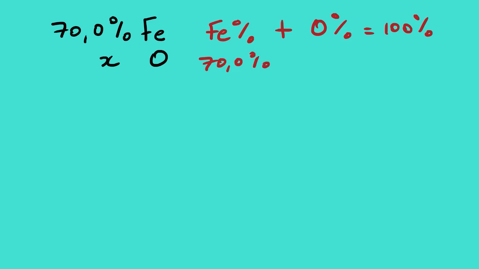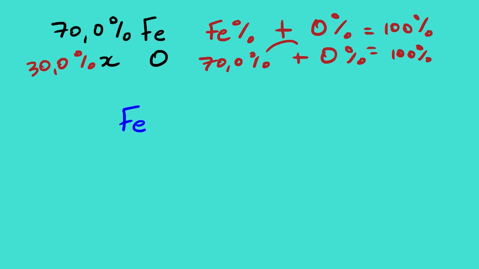So in this case, we're given 70.0% plus the percentage of oxygen. Note that when you transpose, it will be 100 minus 70.0, so the mass percentage of oxygen will be 30.0%. So if you come across a question like this, you will know what to do.